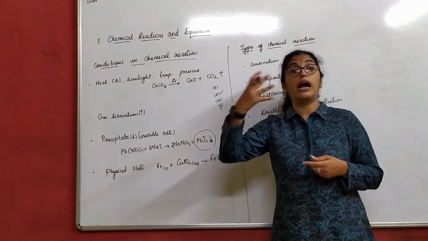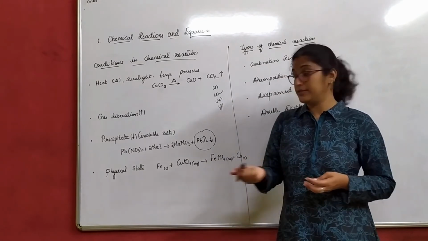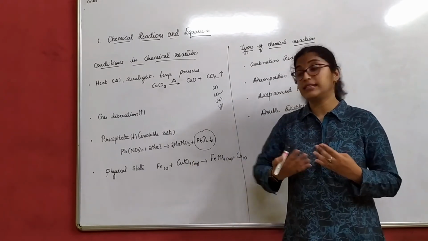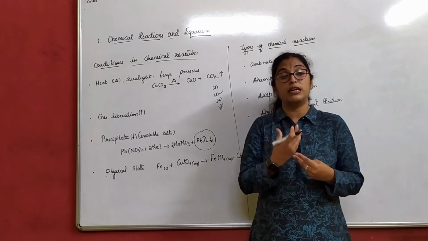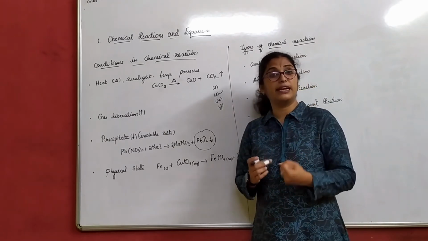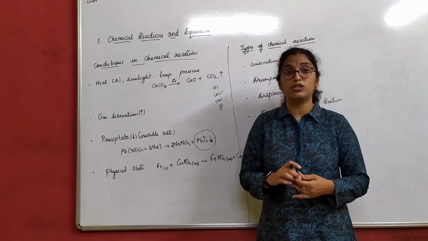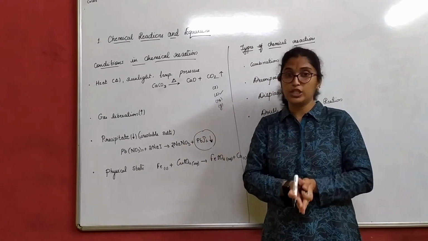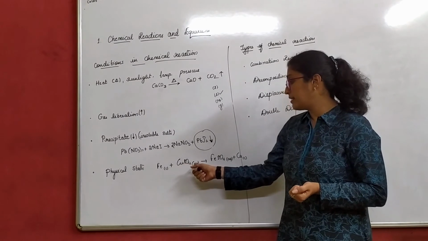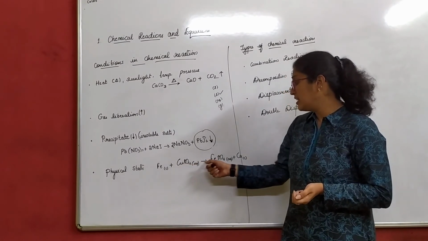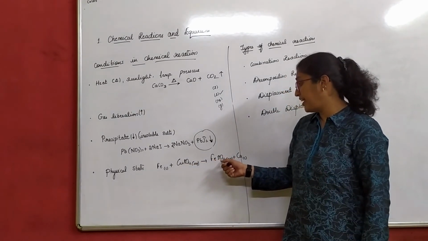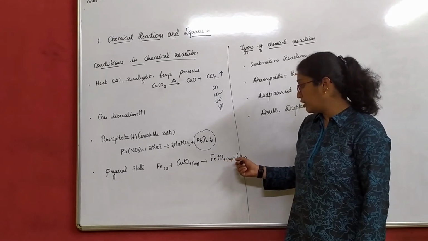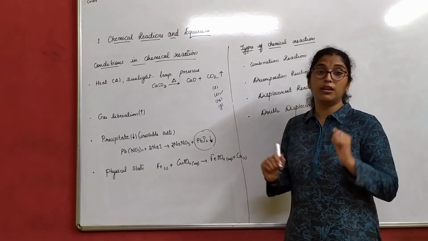Aqueous is when you add water and make it a liquid. You will understand this gradually. It is difficult for you to assume now how we can understand aqueous or solid. We will understand as we move on in this chapter. So copper sulfate is aqueous. It gives out ferrous sulfate, which is in aqueous form, and copper, which is a solid.